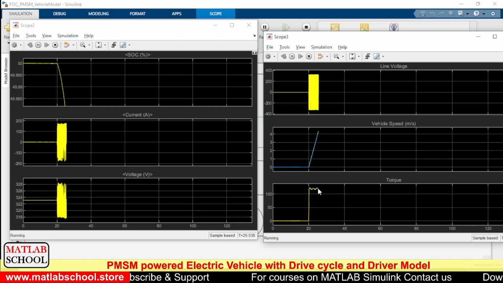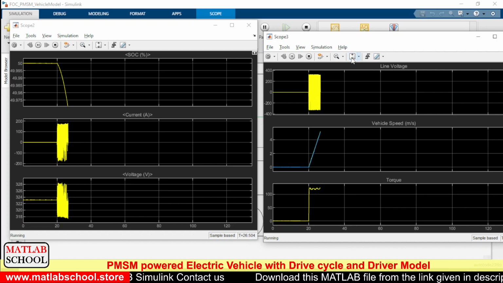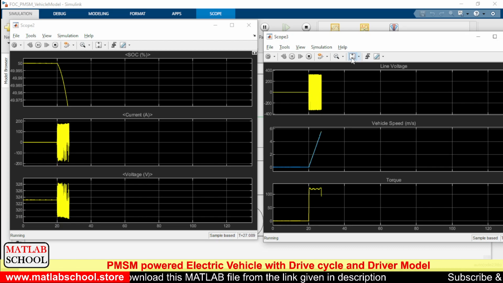So this is the torque produced by the motor. Yes, I think the vehicle is reaching a flat surface. So it's a flat speed profile.